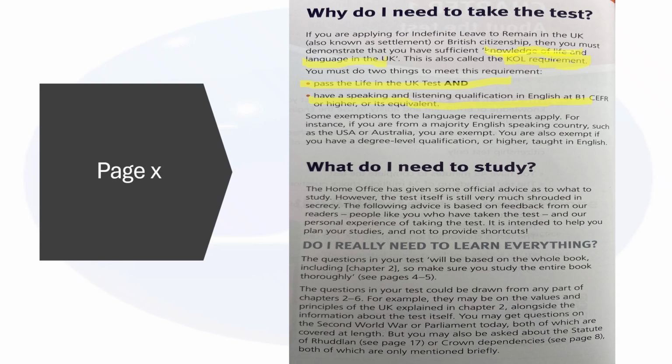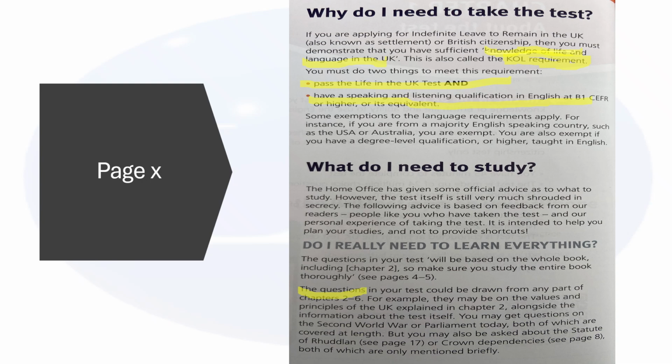By the way, every test is based on the book. If you understand the book, tests are not a problem. But if you only practice tests, sometimes you miss the information. So you will have to have these two qualifications to meet the requirements for knowledge of English. What do I need to study? Now that is a million-dollar question. As I said, I won't go into that much detail because this is against repeating the same thing.